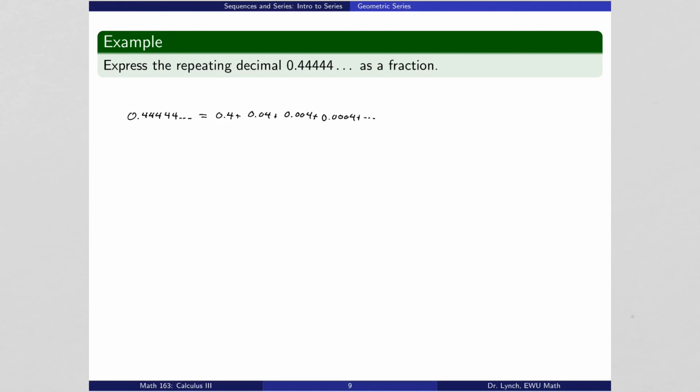Now it turns out that this sum we can express in fractions. This is exactly 4/10 plus 4/100 plus 4/1000 plus 4/10,000 and so on and so forth, which we can quickly turn into a geometric series.